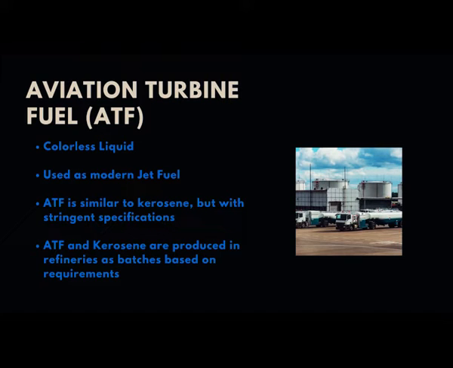For example, for 15 days the entire refinery may be producing kerosene, and the next 15 days producing aviation turbine fuel. Not both products at the same time, because both are withdrawn from the distillation column in the same location, and there will be only one hydrodesulfurizing unit used to remove the impurities from either kerosene or aviation turbine fuel.